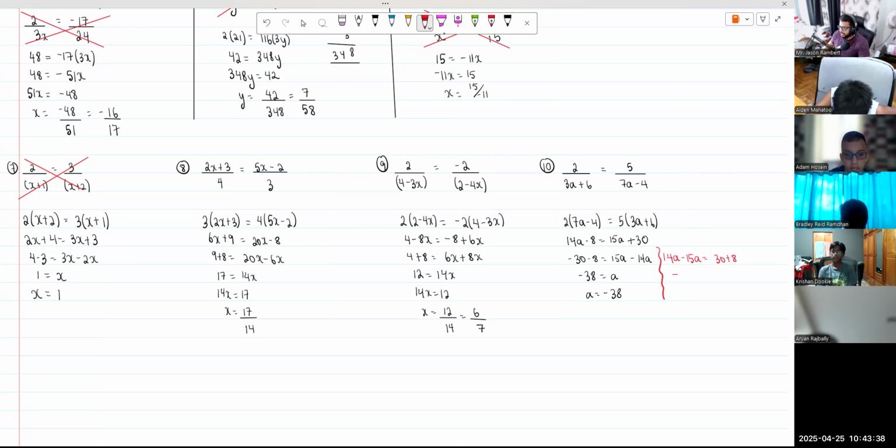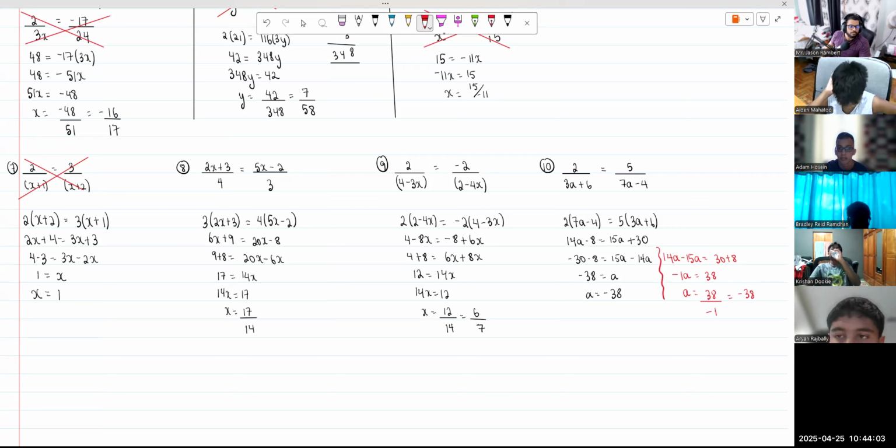So this is minus 1a is equal to 38. I want a, I do not want minus a. Cool? So I'll have to divide both sides by minus 1. a is going to be 38 divided by minus 1, which is minus 38. Everyone seen that? Yeah?